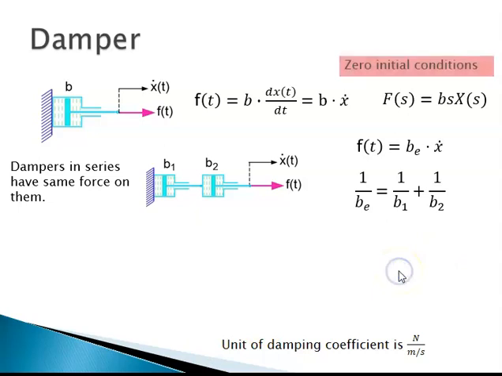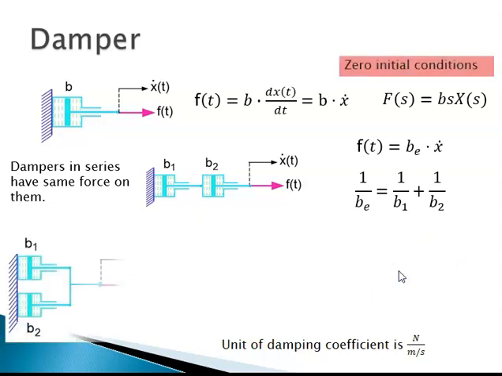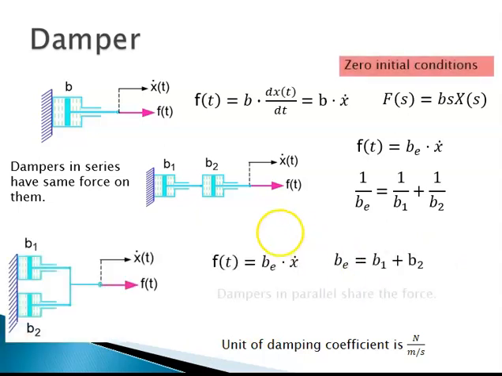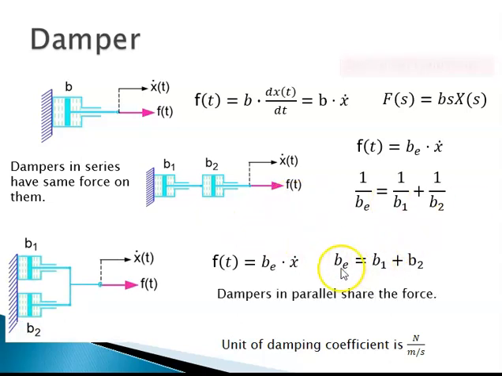Also, when dampers are connected in parallel, you can find their equivalent damping as BE is the sum of these two, B1 plus B2. And you write F(t) is BE multiplied by x dot. X dot is dx over dt, which is velocity. Again, note that when dampers are in parallel, they share the force.